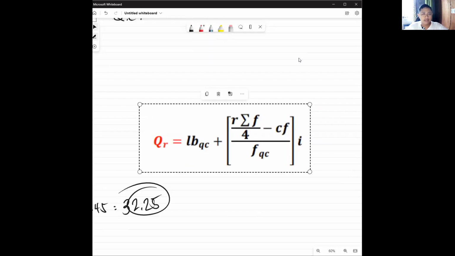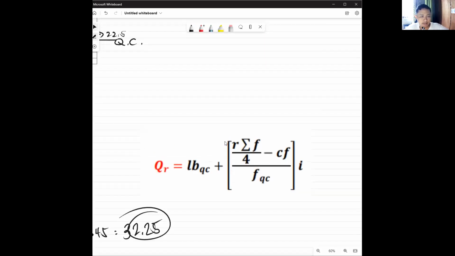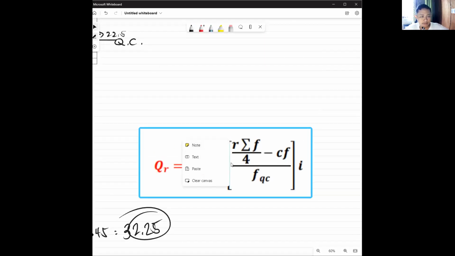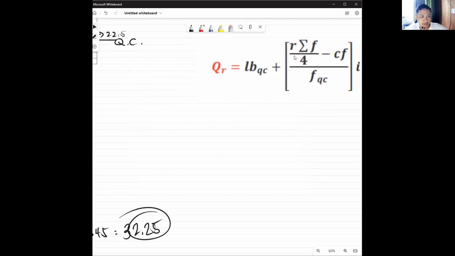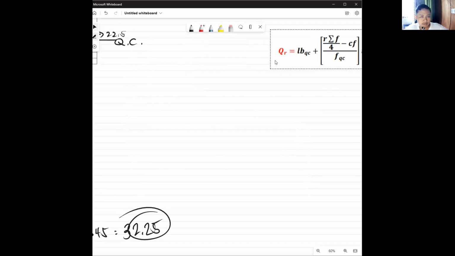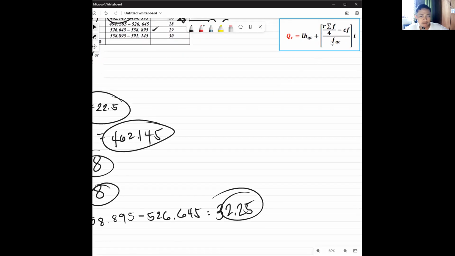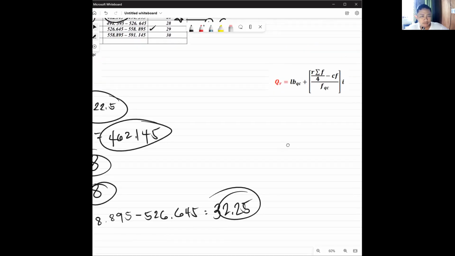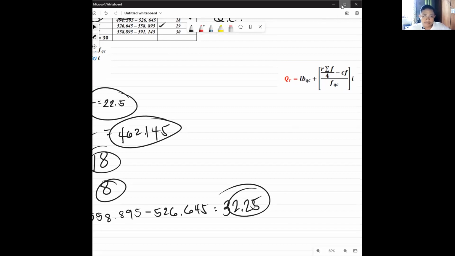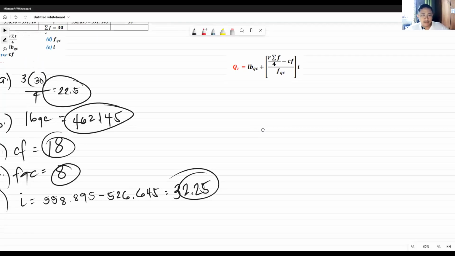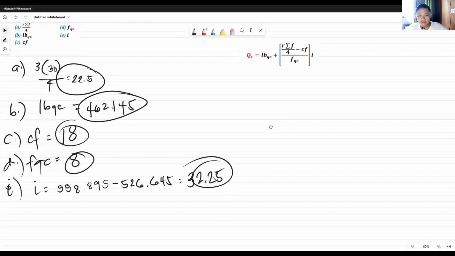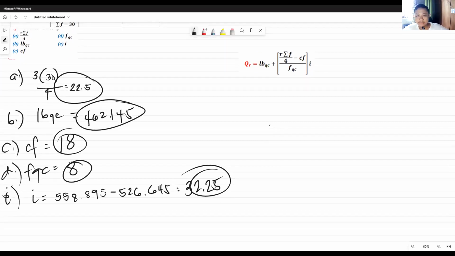I can't control what's happening here, please. Sorry ha. Bigla na lang update ito nang hindi ko pinapayagan. Okay. So, let's now continue. Using those values, let's find Q3.